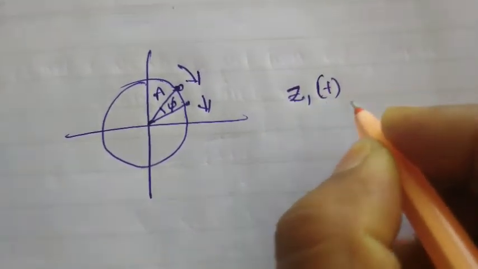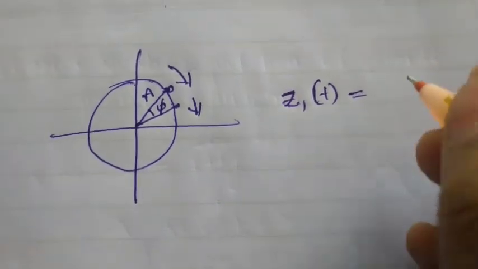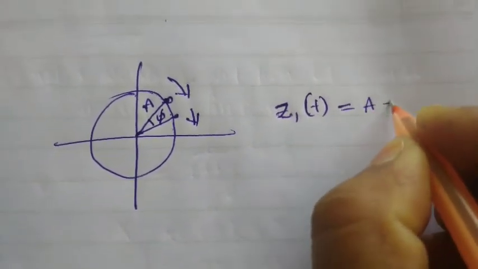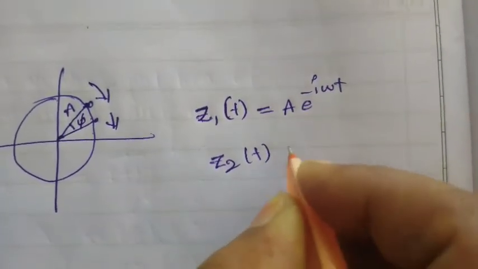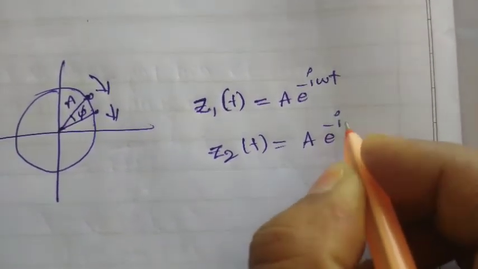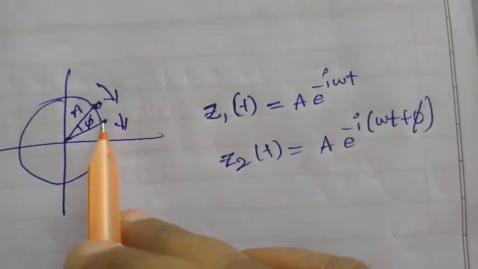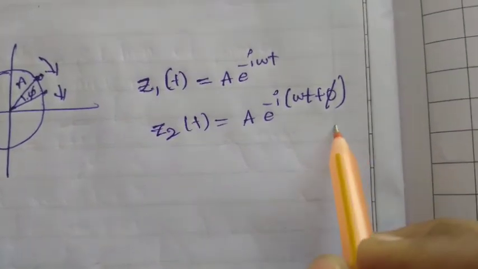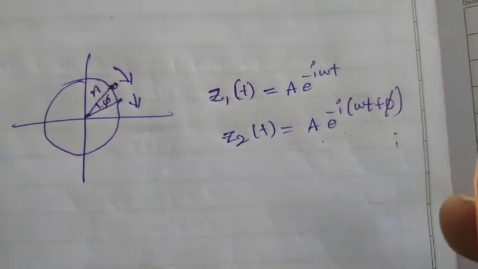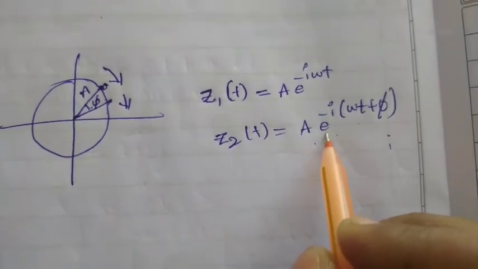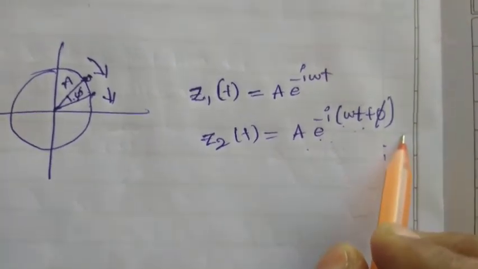Z1 means the first point, represented as z1 of t. So z1 of t equals a e power minus i omega t, and z2 of t equals a e power minus i (omega t plus phi), because these two points are separated by angle phi. The complex function a e power minus i (omega t plus phi) is known as the complex form of the amplitude function.